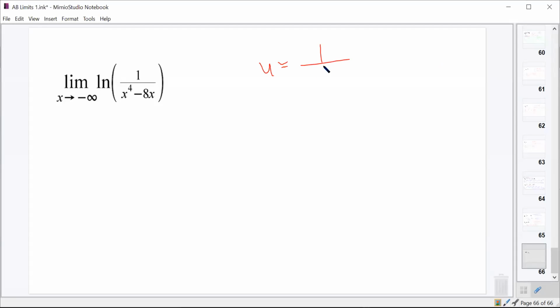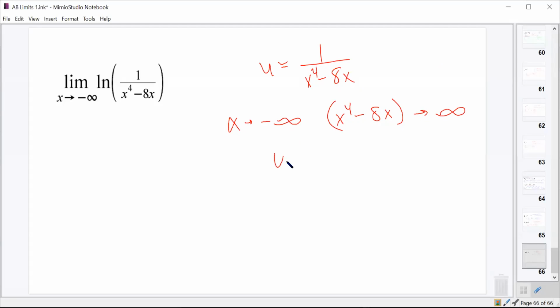So with any luck, we substituted out everything inside the natural log. So u is equal to 1 over x to the 4th minus 8x. And as x approached negative infinity, let's just look at the denominator first. What about x to the 4th minus 8x? What does that approach? Positive infinity.